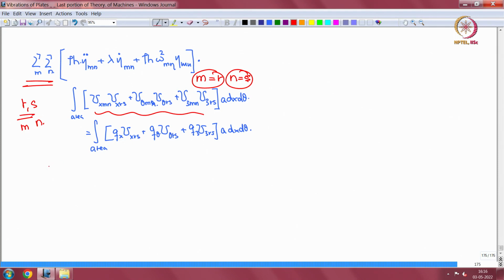So what I get is rho h eta mn double dot plus lambda eta mn dot plus rho h omega square mn eta mn is into, okay, N mn, or sorry my mistake, N mn, that's what I am using, N mn, is equal to this area into this forcing term.